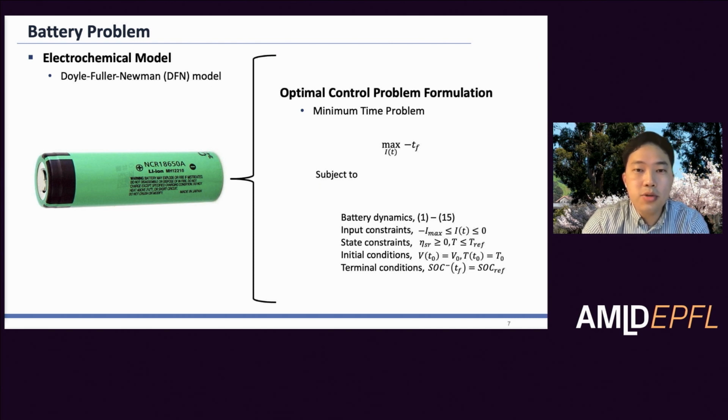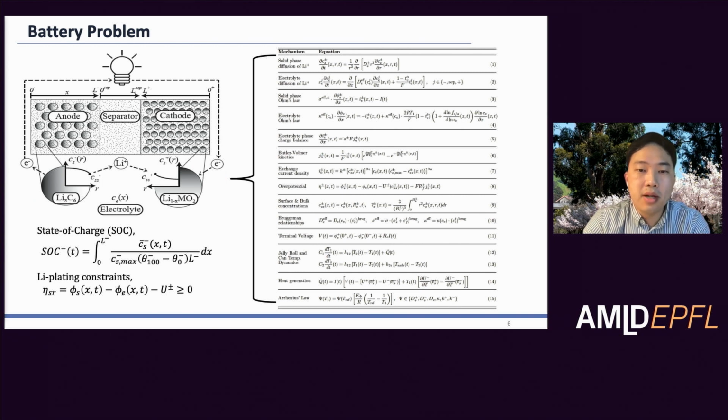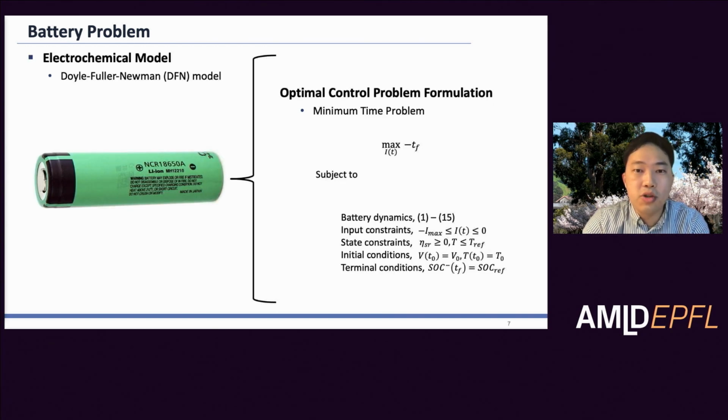Okay, so suppose we have this type of model, discretized by a numerical method, and then we can design an optimal control problem. The goal of fast charging is to minimize the final time, T_F, by designing the input current, I(t). And we have input constraints as well as state constraints, starting from initial conditions.